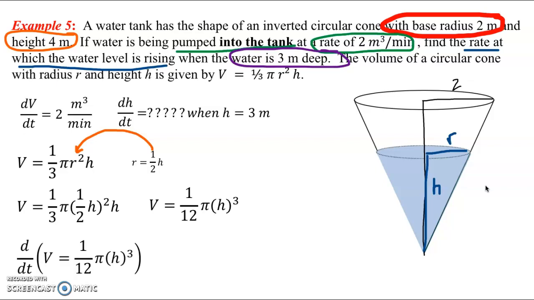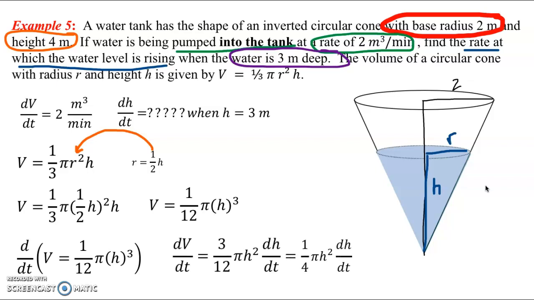Now let's take the derivative of this expression with respect to time. And we're going to do this implicitly. When I do that, I get dV/dt on this side equals, the 3 comes to the front, keeping these constants of 1/12 and pi, so I get 3/12 pi. h, subtract 1 from the exponent, becomes h squared, times the derivative of the inside function, which is dh/dt.